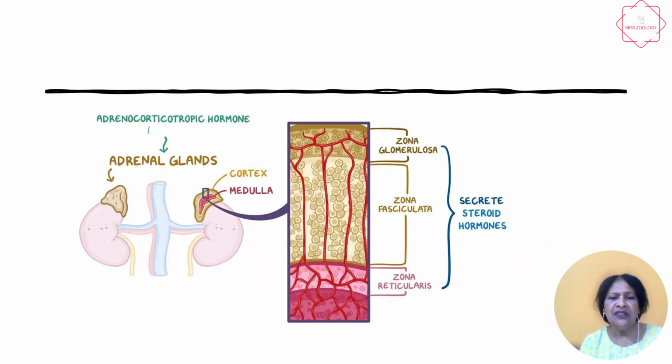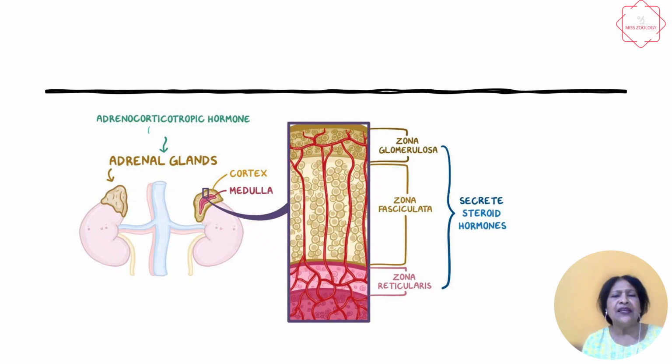This is another image where you can see the cells in the three layers of the cortex in a much magnified view, and these all three hormones from the cortex of the adrenal are together named and headed under the steroid hormones.